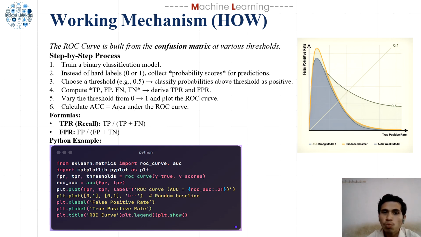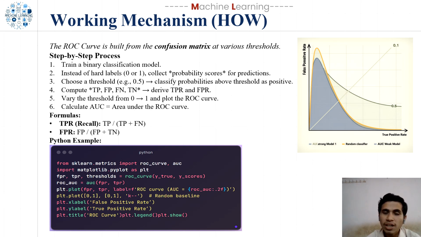After that we compute the true positive rate, which is true positive divided by true positive plus false negative. Then we calculate the false positive rate, which is false positive divided by false positive plus true negative. After that we plot the true positive rate against the false positive rate, which gives us the ROC curve. After obtaining the ROC curve, we calculate the AUC by integrating under the curve.